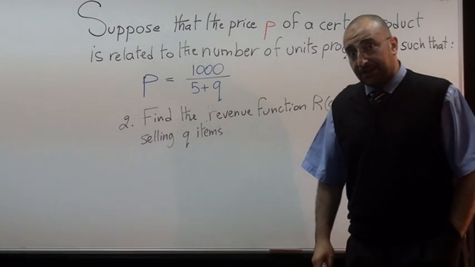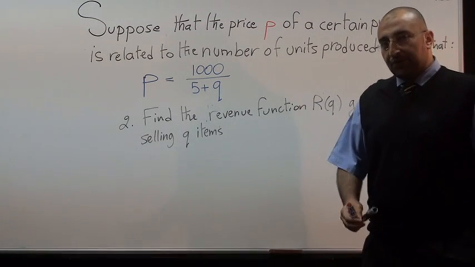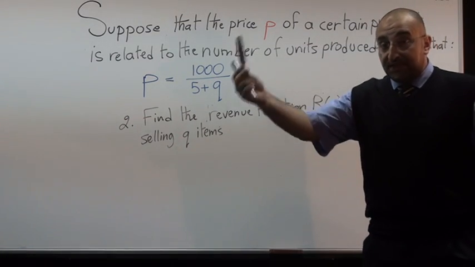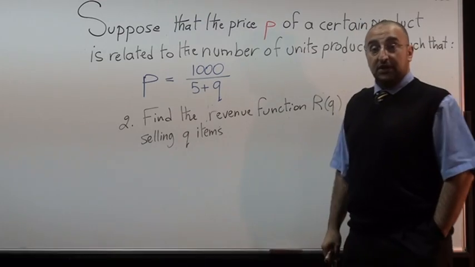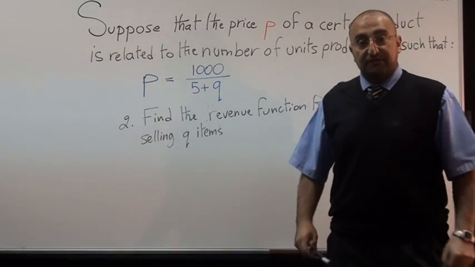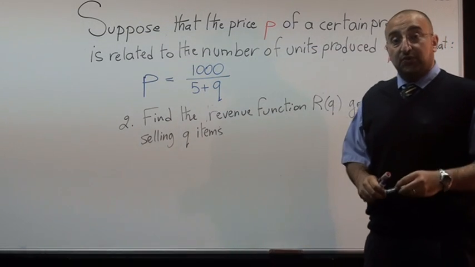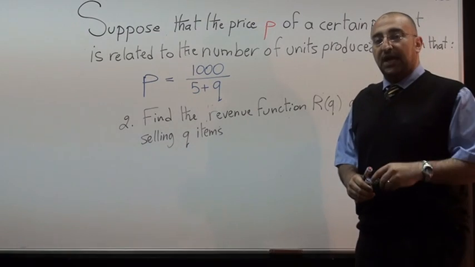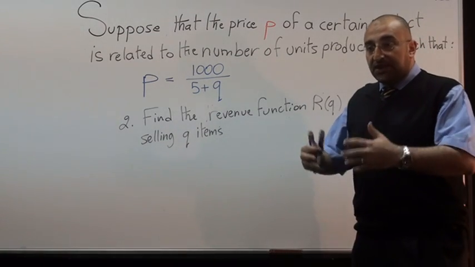Now that you are back, I'm pretty sure you figured out that the number of items that is being sold, in this case Q, and the price are both related to the revenue in a direct way. You find the revenue by simply multiplying the amount that you're selling.